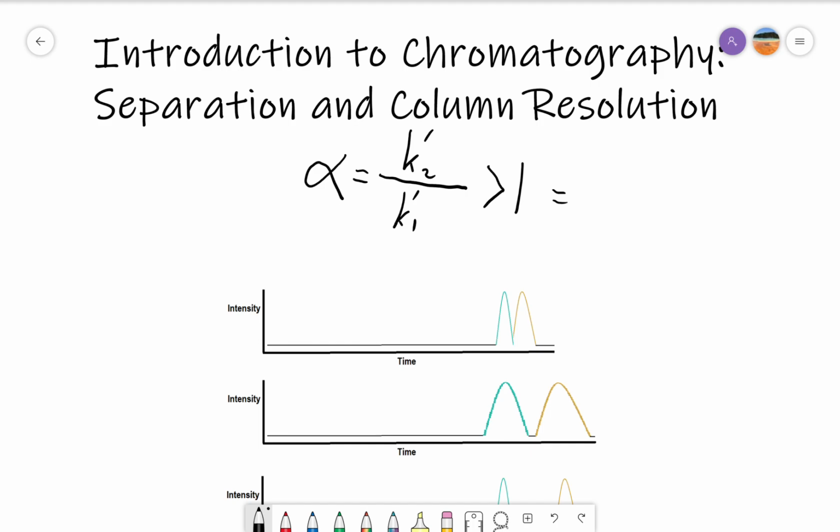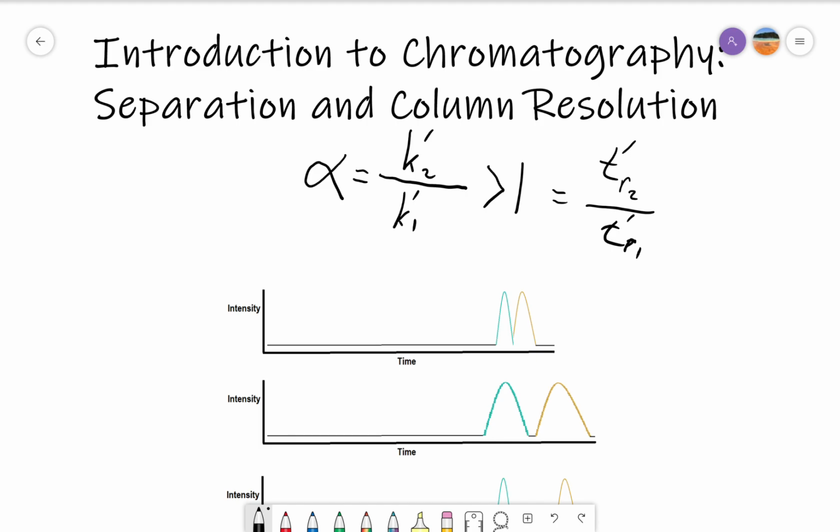Since the partition ratio is directly dependent upon the adjusted retention time divided by the mobile phase time, the mobile phase time will cancel out, and really alpha can be calculated by simply the ratio of the two adjusted retention times.